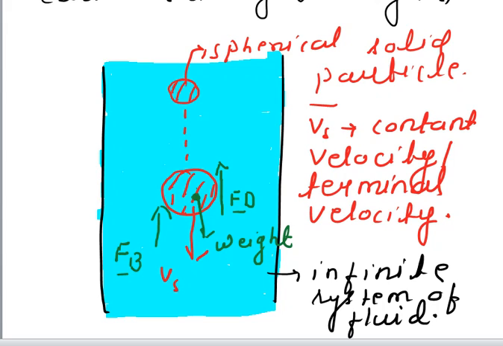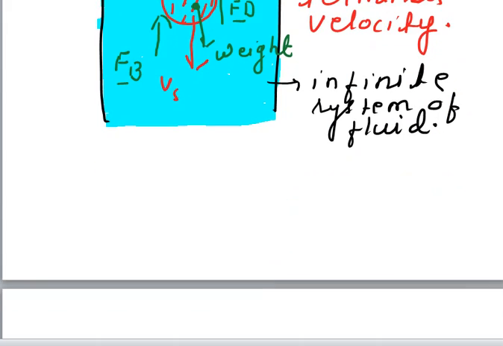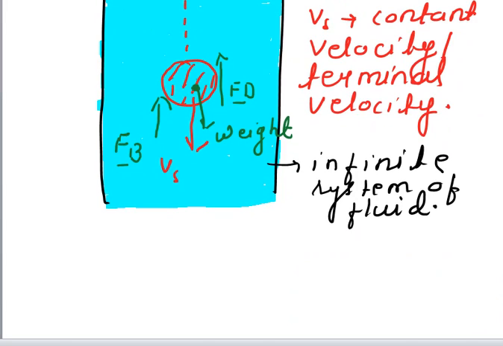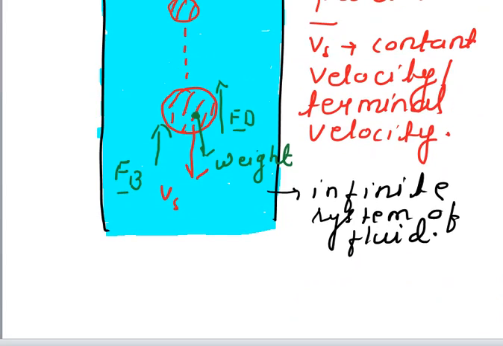Now let us try to understand the logic. Let us try to make equilibrium of these forces. According to Newton, we all know that F equals m times A. What is this A? A is acceleration.